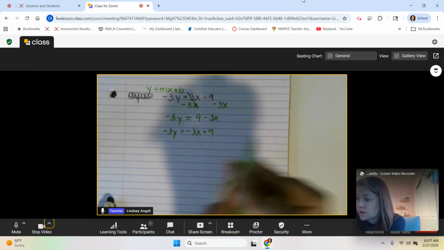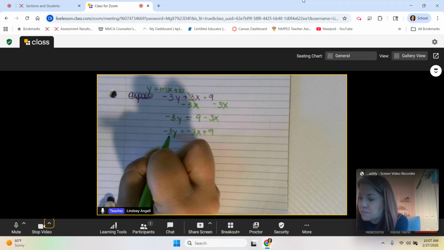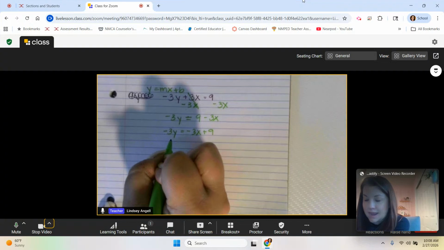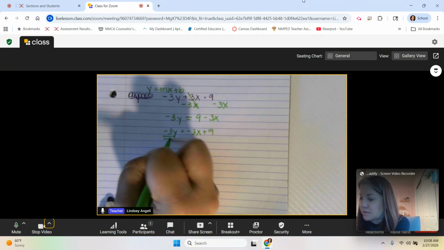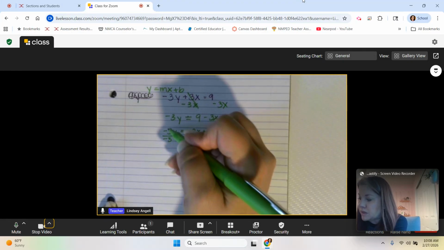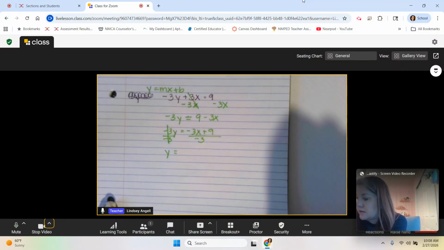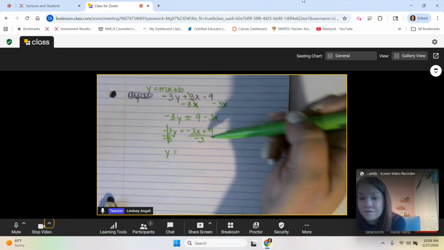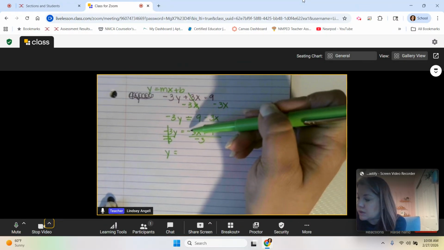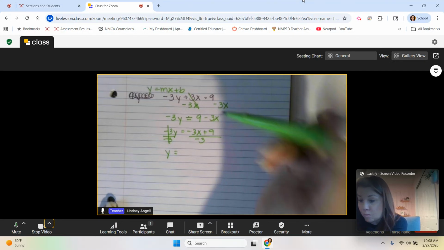Well, in order to get y by itself, right now I'm multiplying by negative 3, so to cancel that out, I'm going to divide both sides by negative 3. That cancels on the left, and we're left with y. And then everything on this side has to be divided by negative 3. Well, look at this. Negative 3 divided by negative 3 is positive 1.